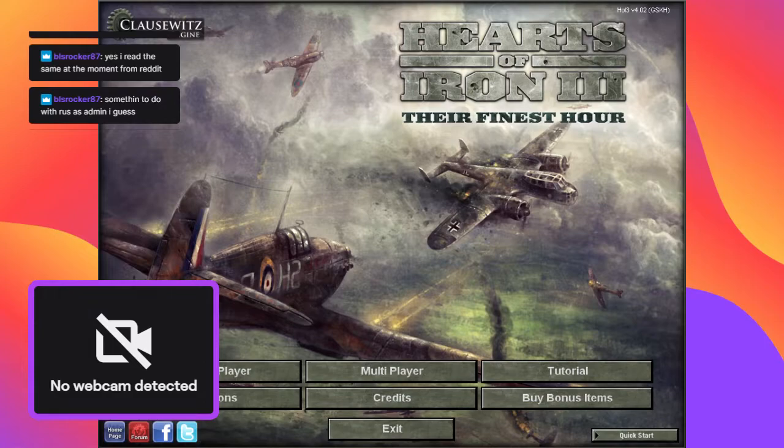Okay, so basically I just have to type the change full screen equals yes and change that to no in order to get the windowed mode. Okay.